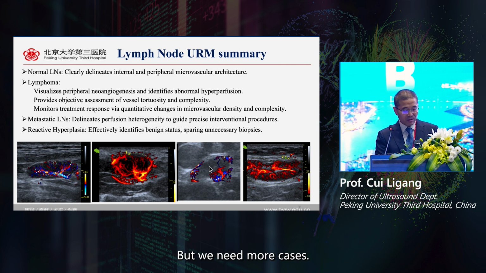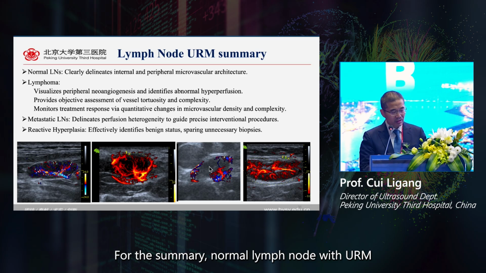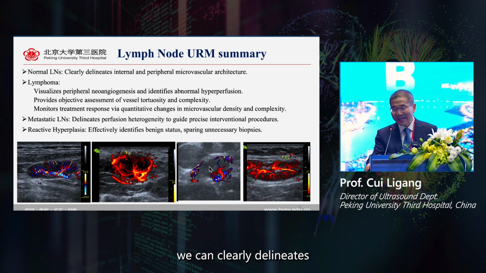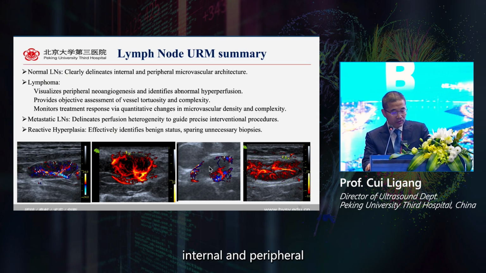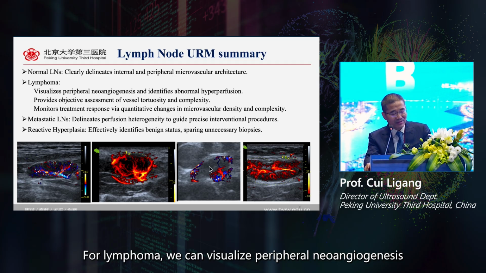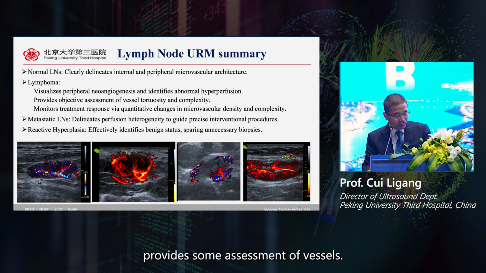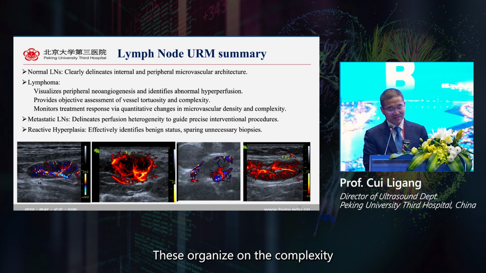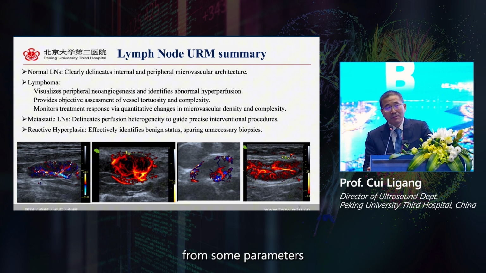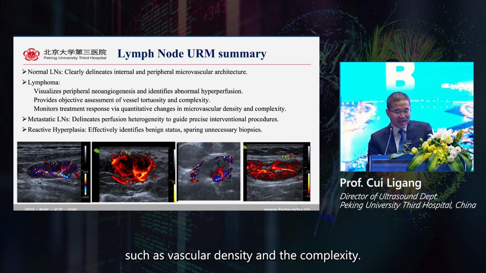For the summary, in normal lymph node with URM, we can clearly delineate internal and peripheral microvascular architectures. For lymphoma, we can visualize peripheral neoangiogenesis and identify abnormal hyperperfusion, provide some assessment of vessel disorganization and complexity, and monitor treatment from parameters such as vascular density and complexity.